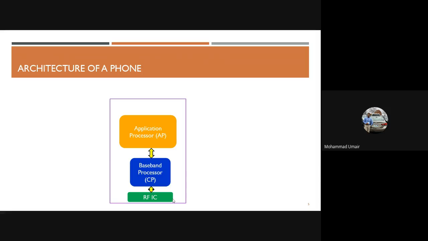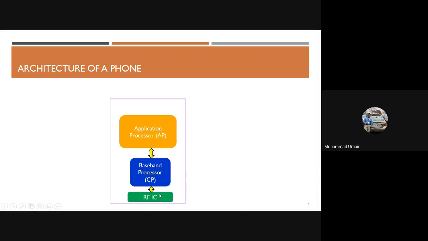These days we talk a lot about digital communication, but one rule of thumb everyone needs to understand is that no matter how advanced communication technologies get, the final transmission on the air is never going to change from analog. All the data and audio packets are digitized by the application processor and baseband processor, but finally, when it is transmitted by the antenna, it has to be an analog signal.